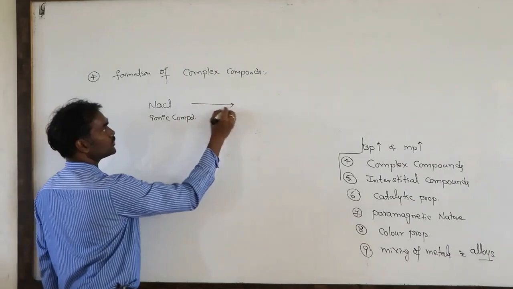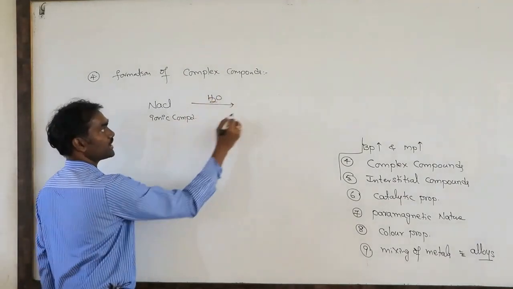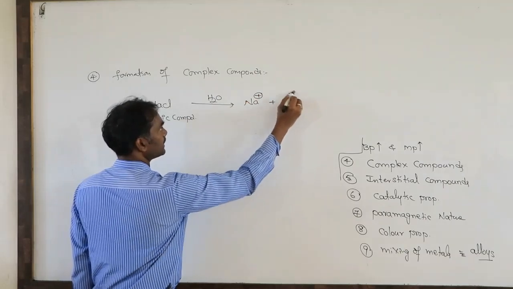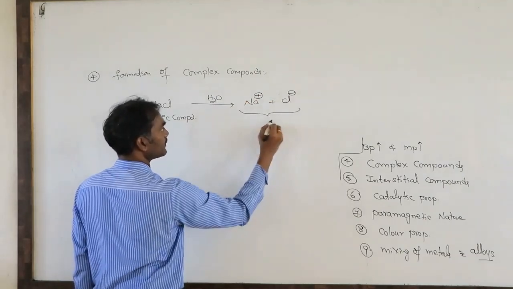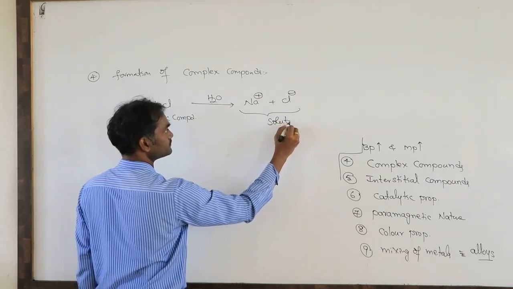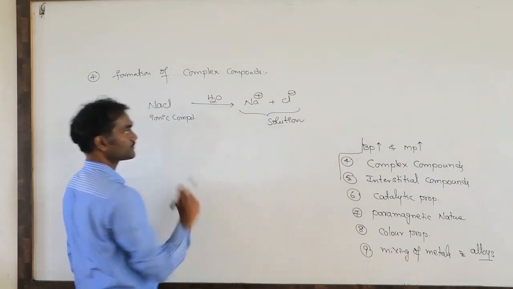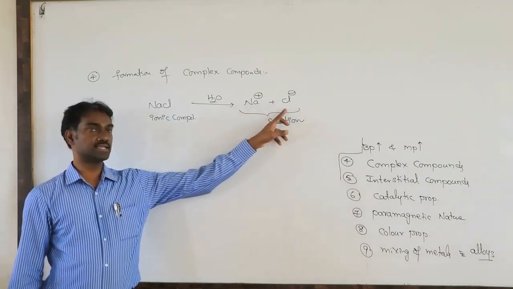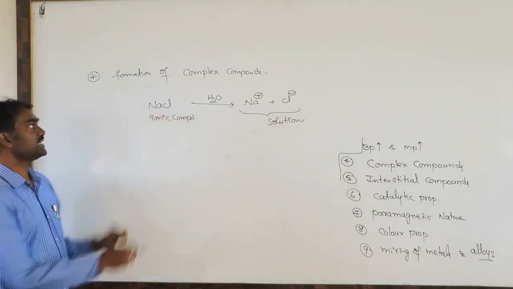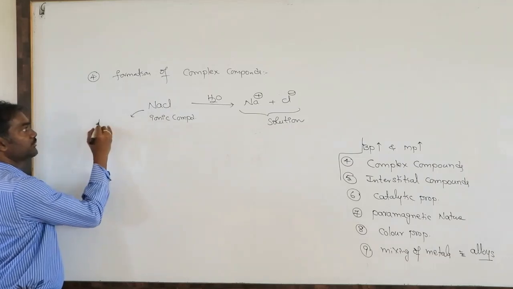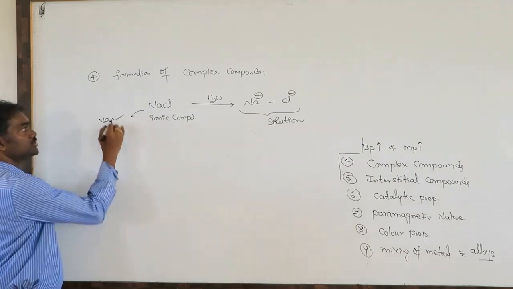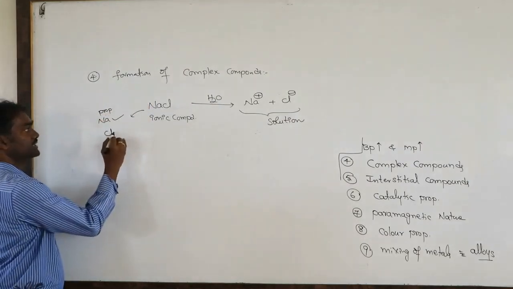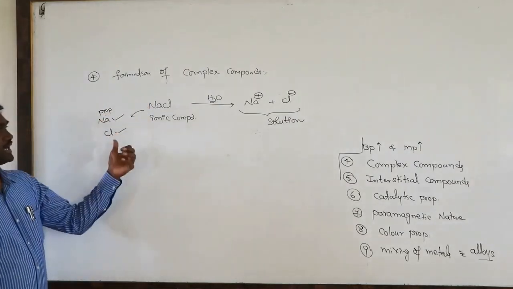You take it into the water. Then what happens? Na+ and Cl-. It becomes a solution. So in water, Na+ and Cl- are dissolved. If you see here, you are getting the Na property, so the sodium property you can identify, and the Cl property also you can identify.